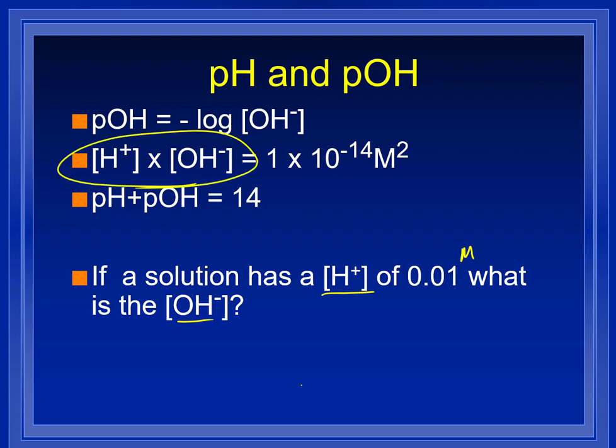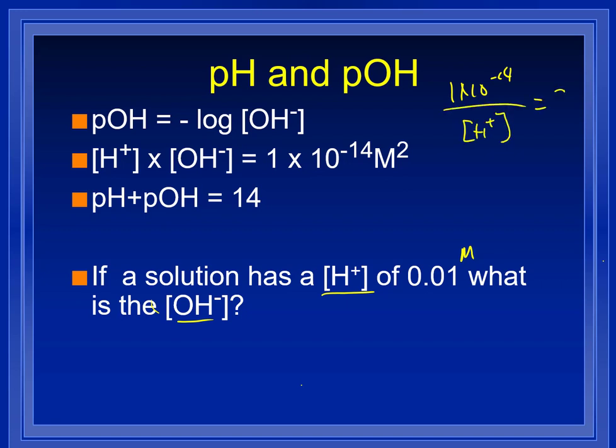I probably should use that one. Okay, so I'm going to use that equation, and then I need to solve it for OH minus, which means I need to divide both sides by H plus. So 1 times 10 to the minus 14th over the H plus concentration will be the OH minus concentration. Just rearrange that equation. Divide both sides by the H plus concentration.